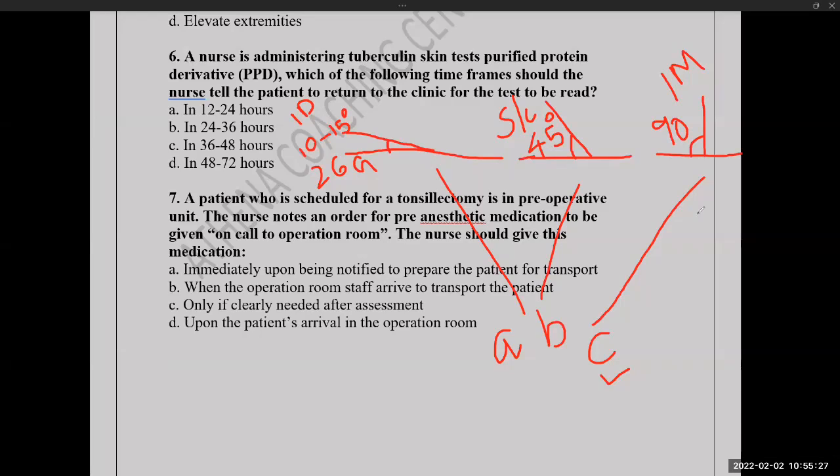Again A. Okay. BCG. C. Sub-Q or intradermal can also be given this.